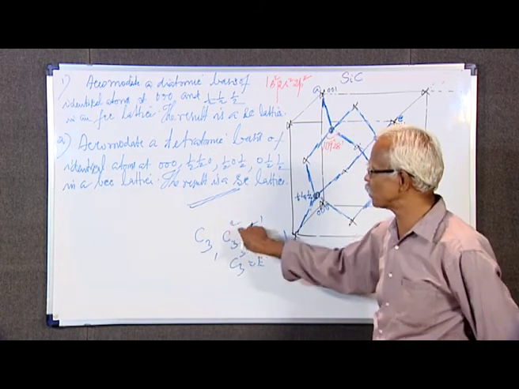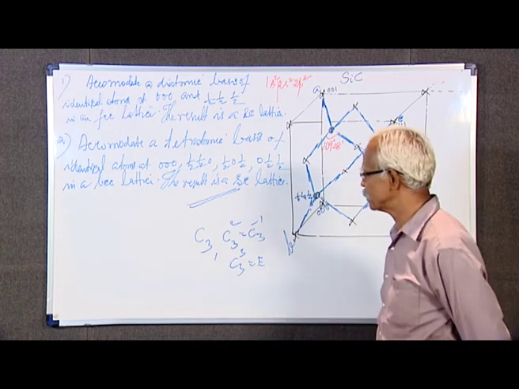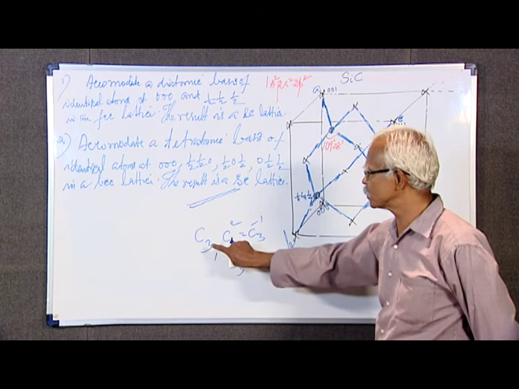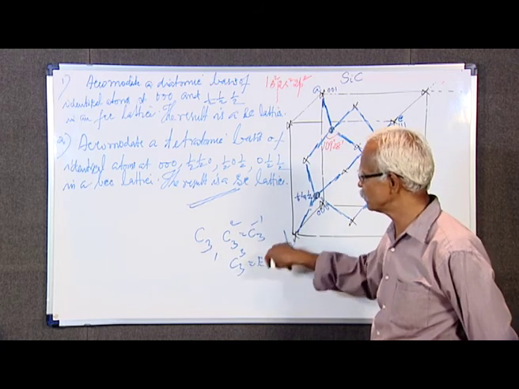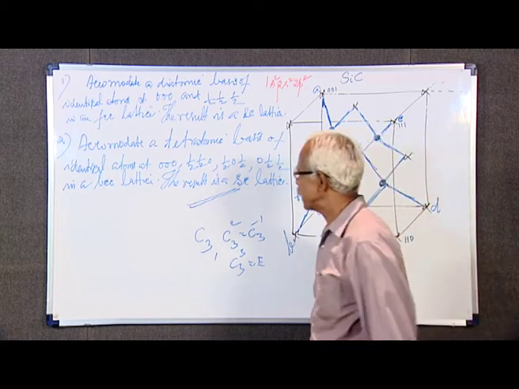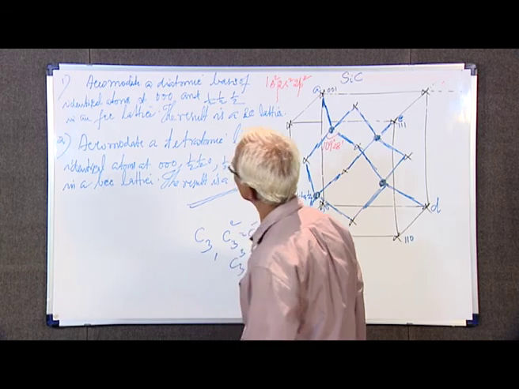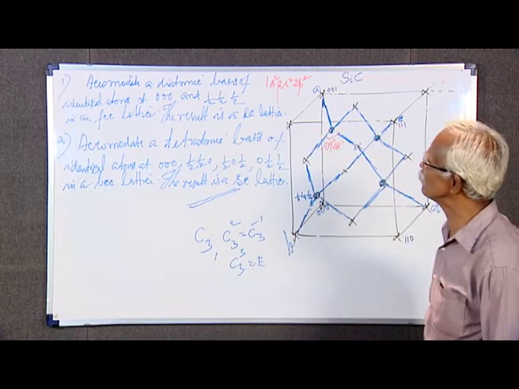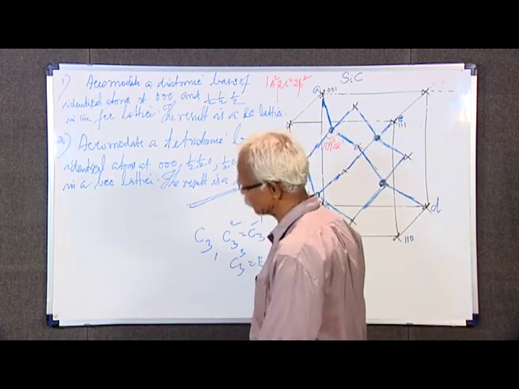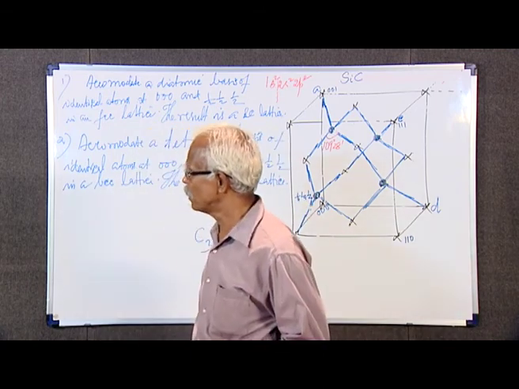C3 and C3 squared are mutual inverses, because C3 into C3 squared is C3 cubed, which is identity. The same role is performed here: FCC plays the role of inverse of BCC and BCC plays the role of inverse of FCC. I think I will stop here.